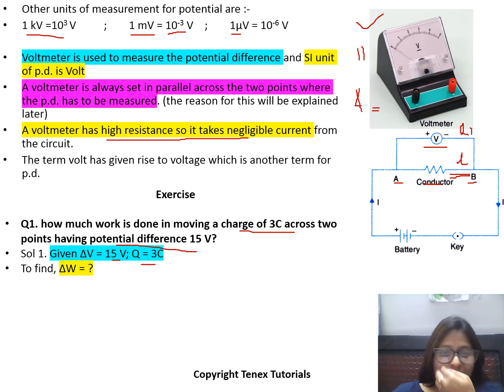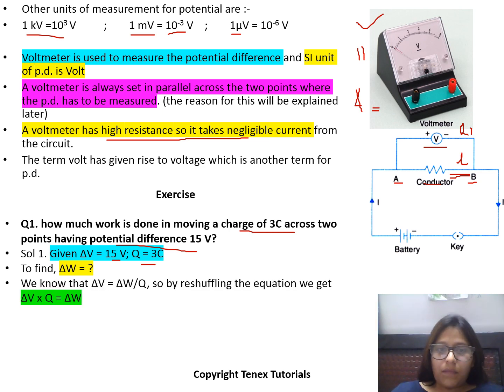So guys, the equation is delta V is equal to delta W divided by Q. If I reshuffle the equation a little bit, I shift this Q over here.